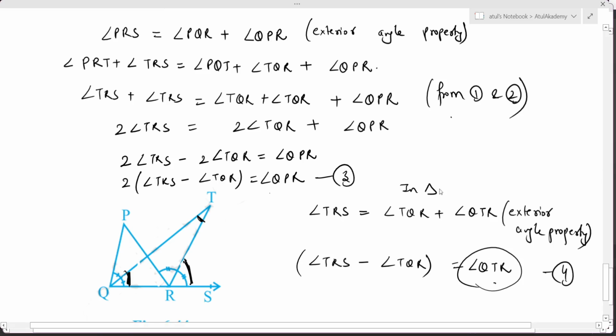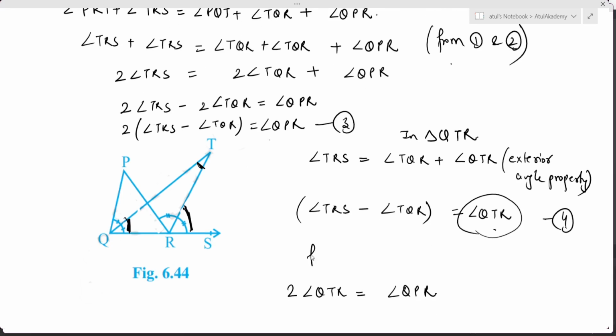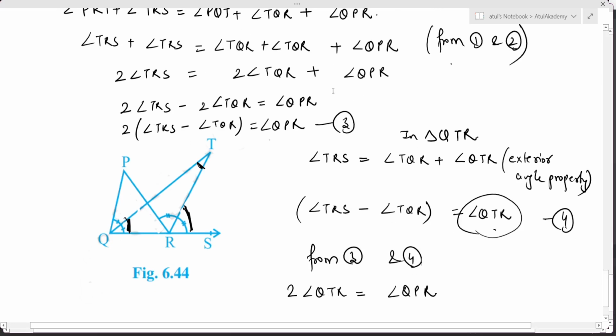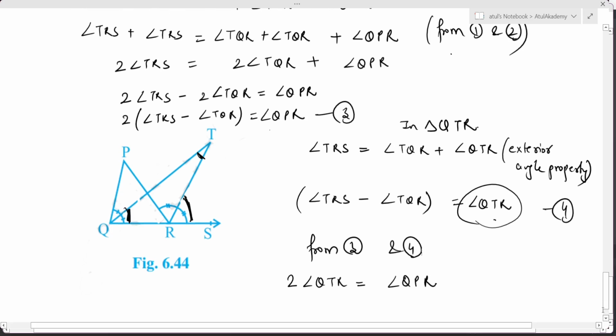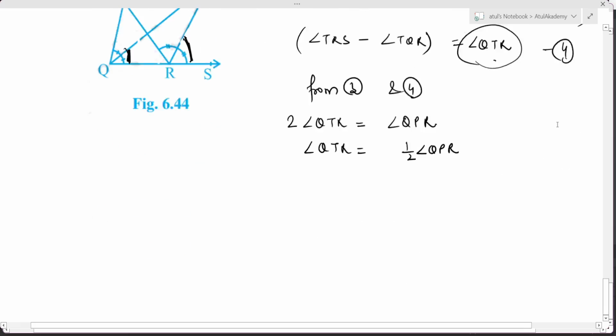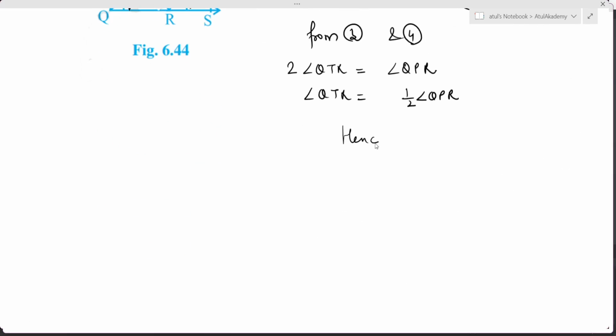This was in triangle QTR. So from 3 and 4, what do I get? The twice of QTR is equals to QPR. From here, I can say that this QTR is equals to half of QPR. Clear, students? Hence, proved. I hope this is clear because this was the most important question.